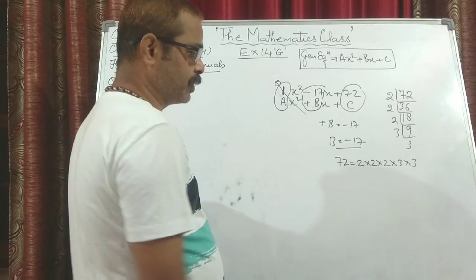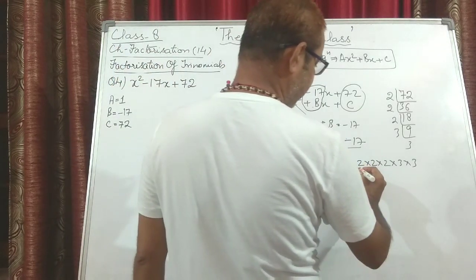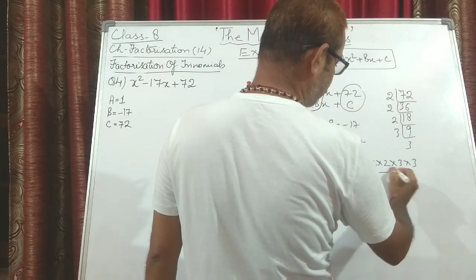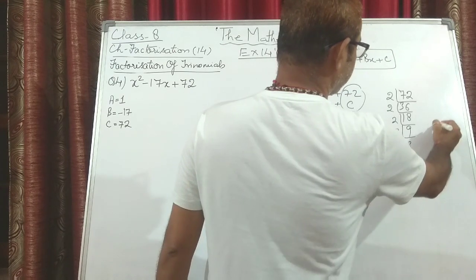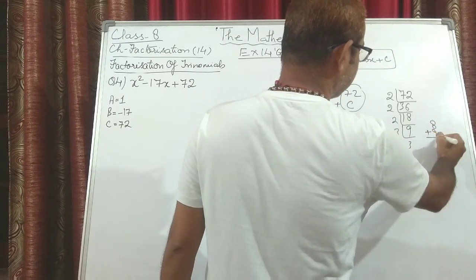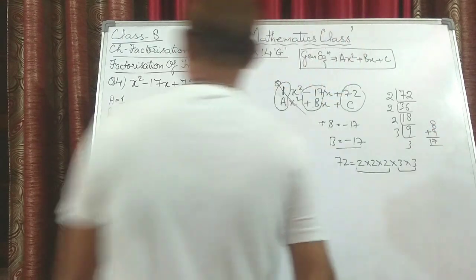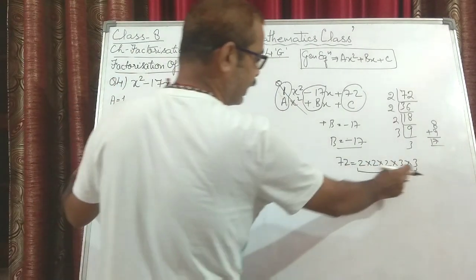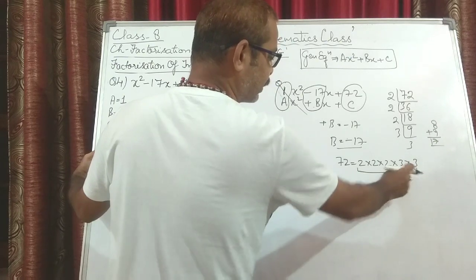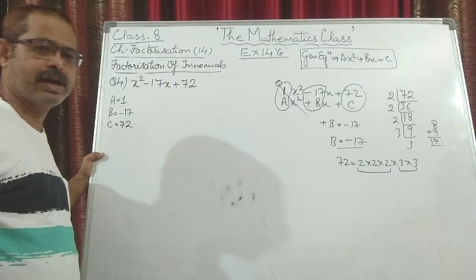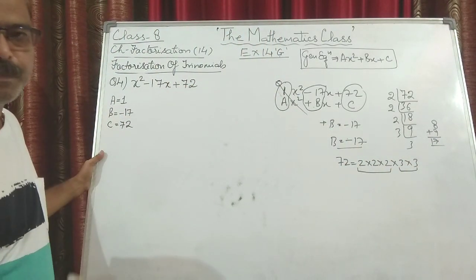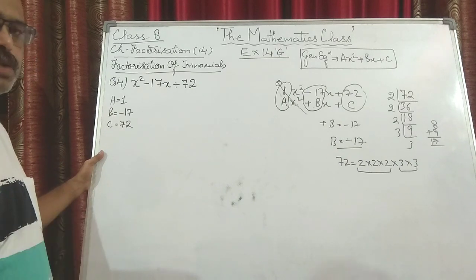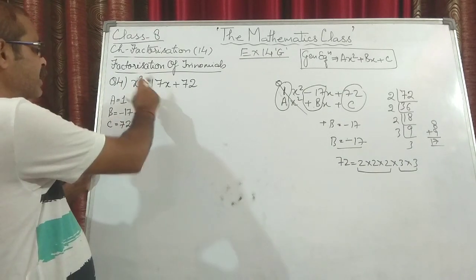These are the factors of 72. If we arrange them, taking 8 and 9, we know that 8 plus 9 is 17. It means this minus 17 can be written as minus 8 minus 9. Factors are arranged in such a manner that either the sum or the difference is equal to the middle term, and middle term is minus 17.